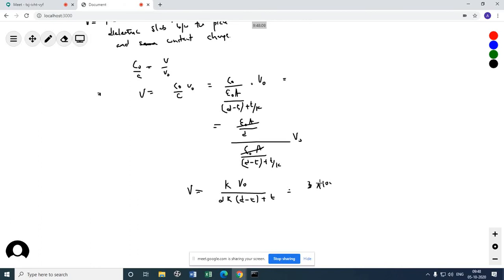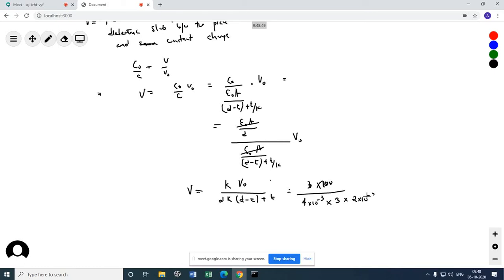So now K is given to you as 3, V is given as 200, divided by D, which is 4 into 10 to the power minus 3, and then K is again 3 into D minus T. Then D minus T will be 2 into 10 to the power minus 3.